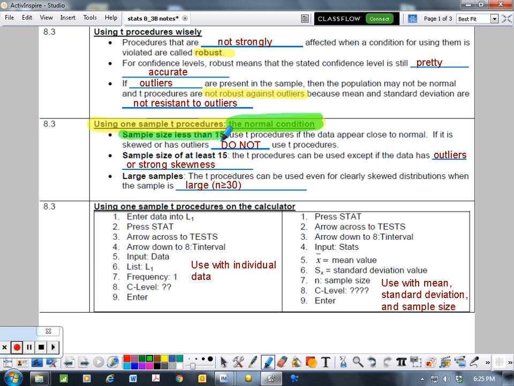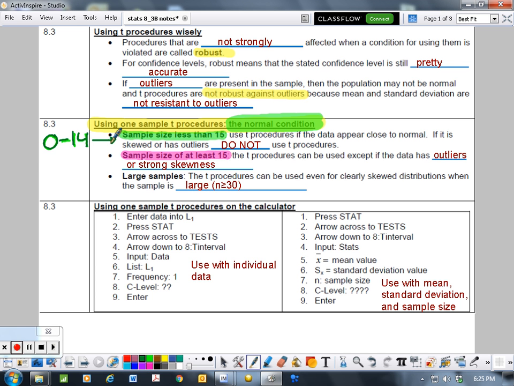So our next one is if the sample size is at least 15. And so this is really 0 to 14, though I don't know why you'd have a sample size of 0. So if our sample size is 0 to 14, and it looks pretty symmetrical, it's close to normal, you're okay. You can still do it.